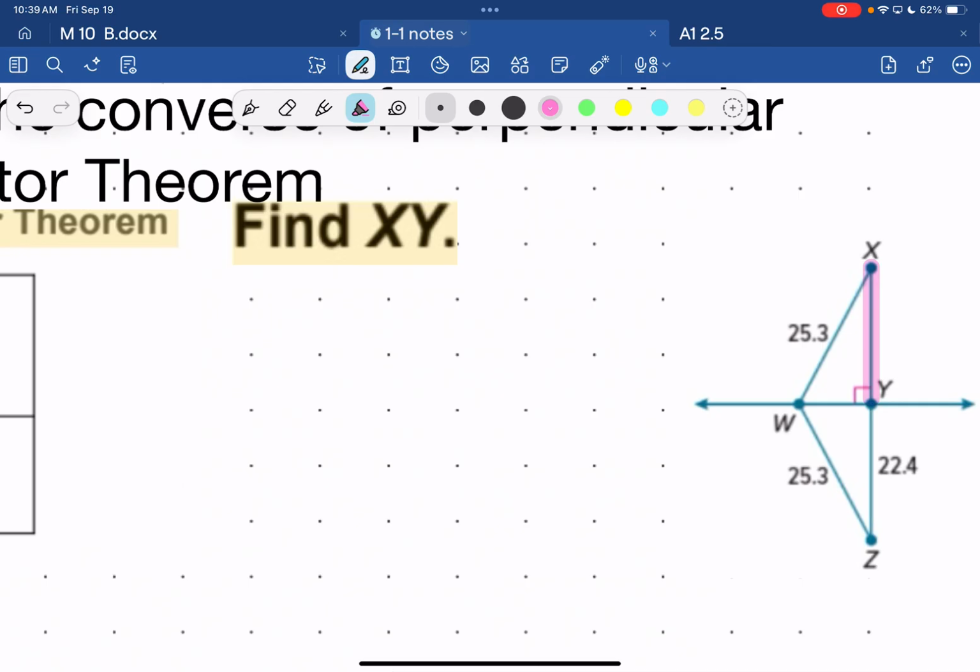Just don't tell me XY is equal to 22.4. Vikram came first. Now Aditya. WX is equal to WZ. Perfect.